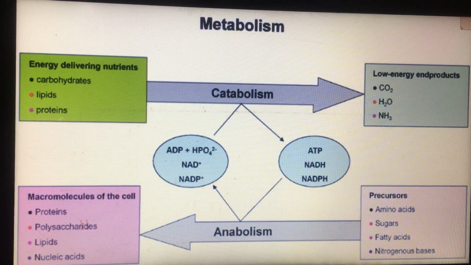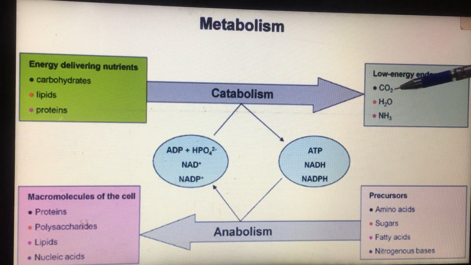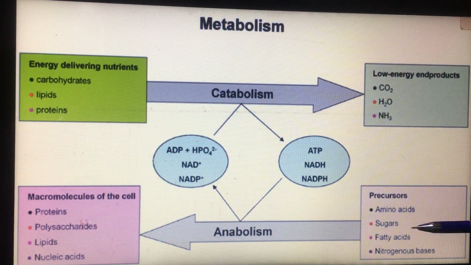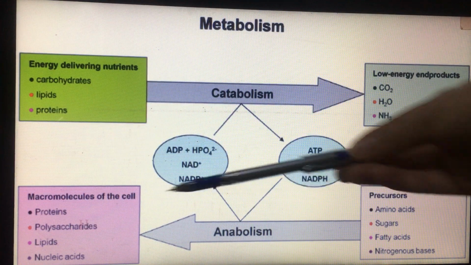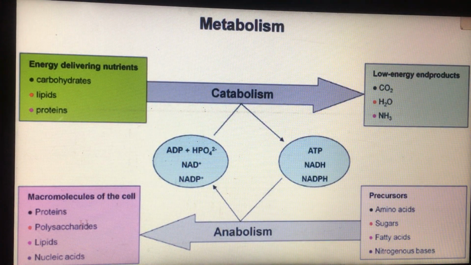This happens in cells of the liver and skeletal muscle. So again, carbohydrates, which is glucose, break down into carbon dioxide and water during catabolism reaction, and sugars, glucose, build up polysaccharides during anabolism reaction.